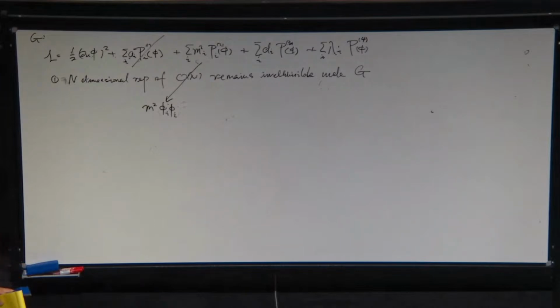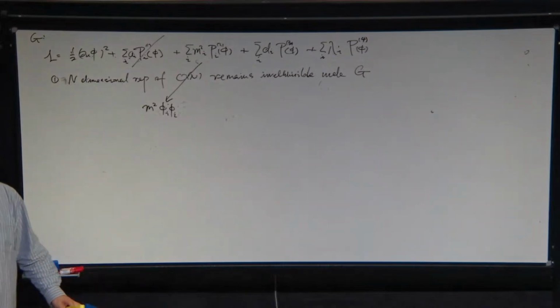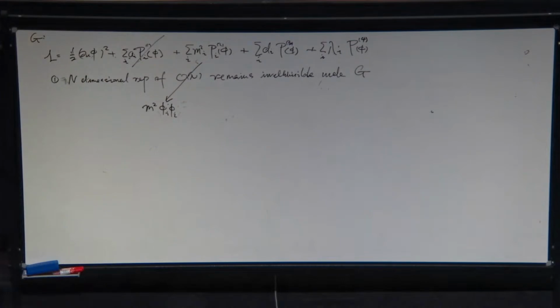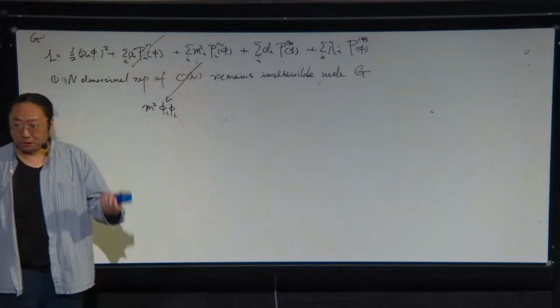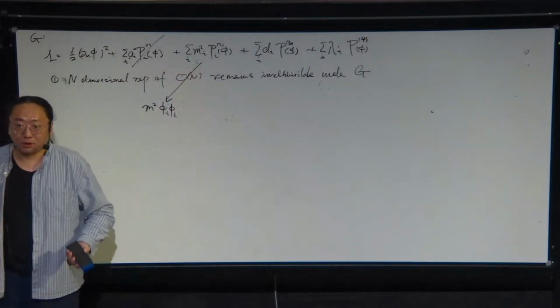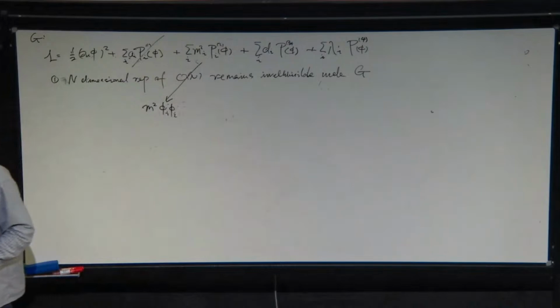So whenever we have more relevant terms, that means in the reality of statistical physics systems, we have to do extra fine tuning to reach the fixed point. If the symmetry allows extra pieces here and here, this would be the tricritical point, quadricritical point, and other fixed points.